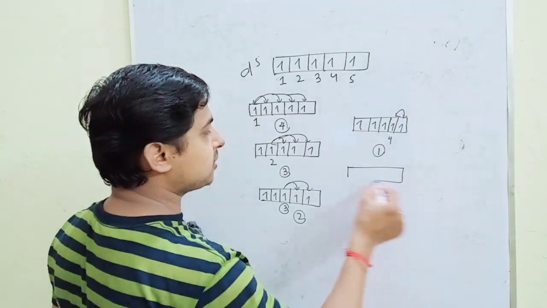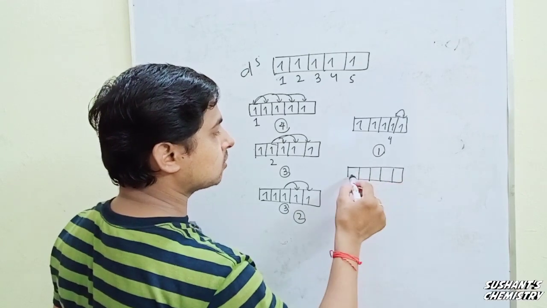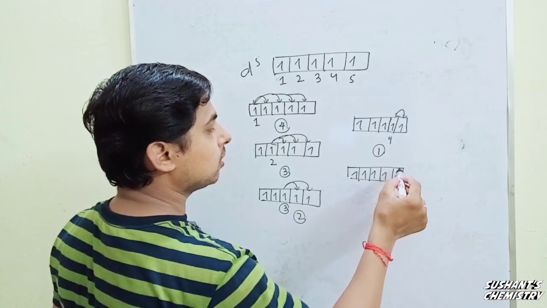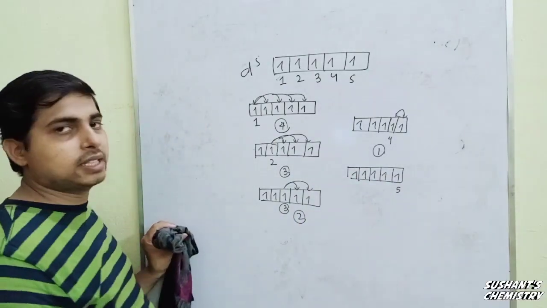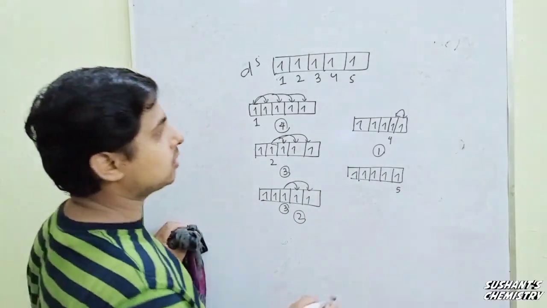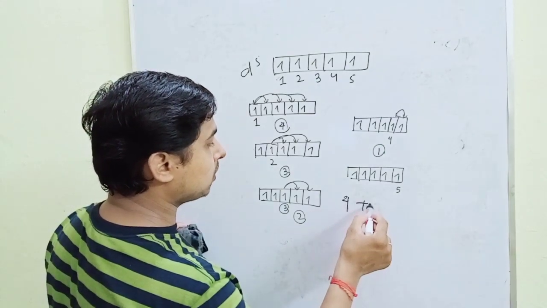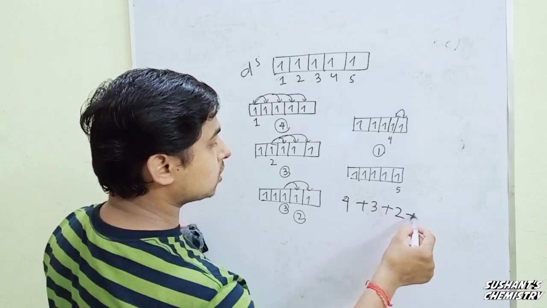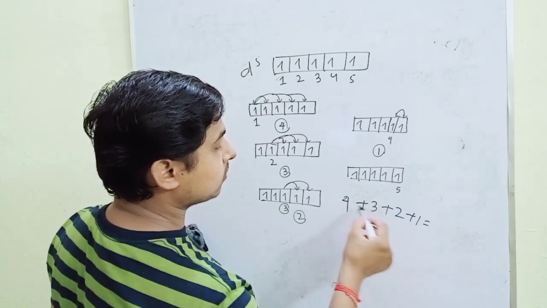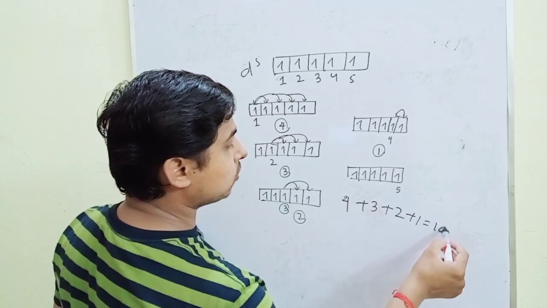No exchange is expressed in the fifth electron. So the total number of exchanges in D5 configuration equals 4 plus 3 plus 2 plus 1, that is 10 ways.